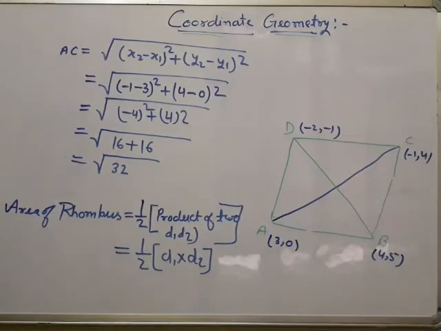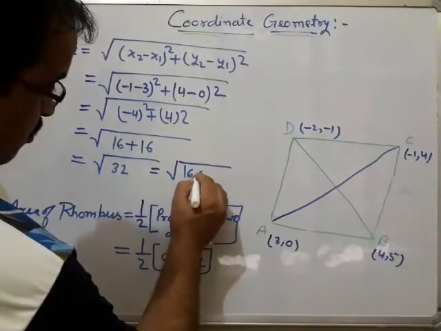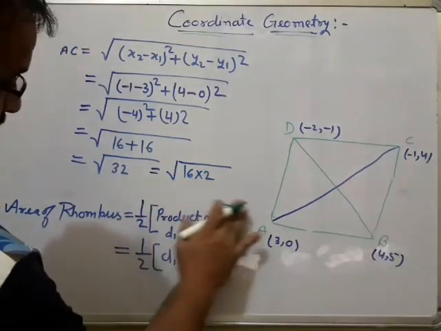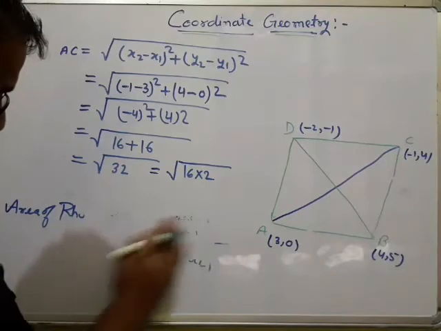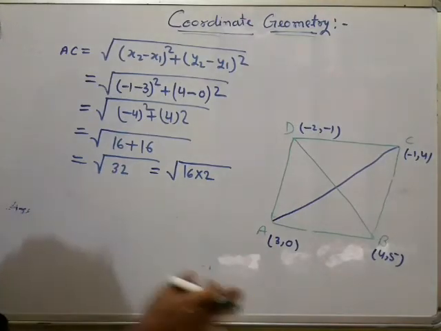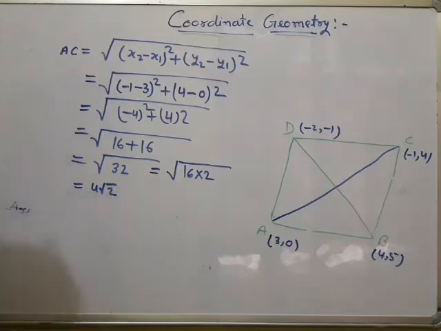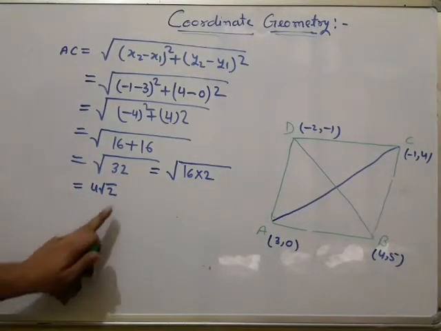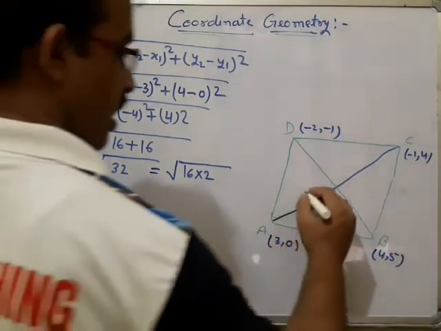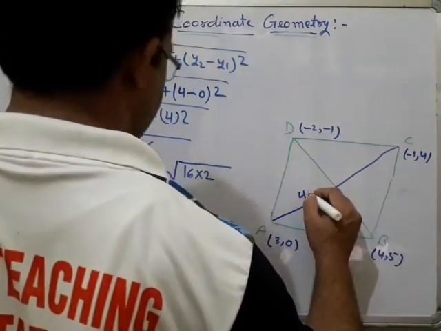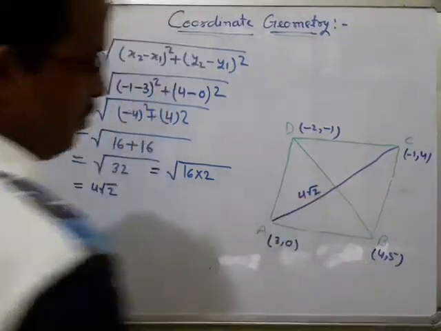So this one is right. What can I write this as? 16 into 2, and 16 can be written as the square root of 16, which is 4. So AC is 4 under root 2.